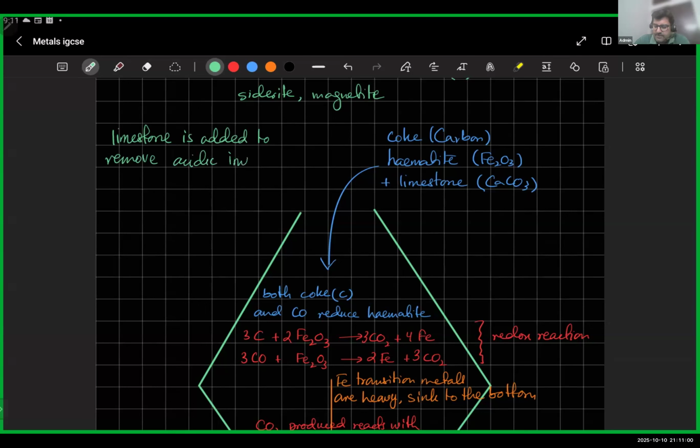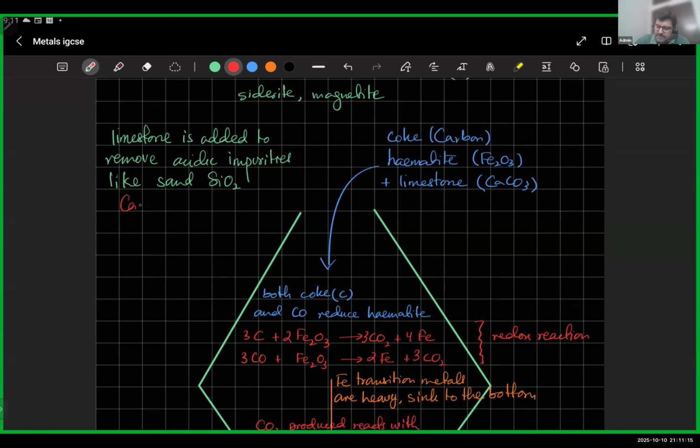So acidic impurities like sand, which is SiO2. Okay, how is that removed?